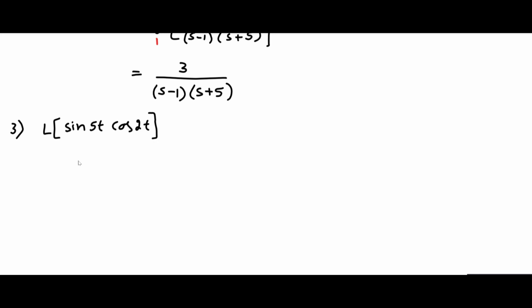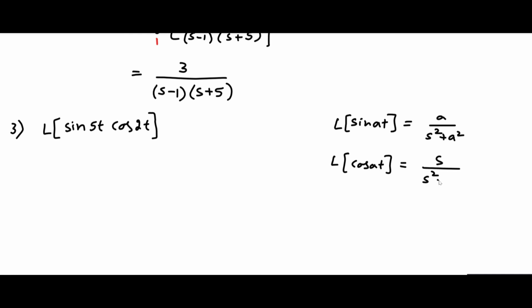If you observe the Laplace transform formulas that we have studied, we have the Laplace transform of sine at, which is a by s square plus a square, and the Laplace transform of cos at, which is s by s square plus a square. But we don't have the formula for the product. So you have to convert this product into a sum.